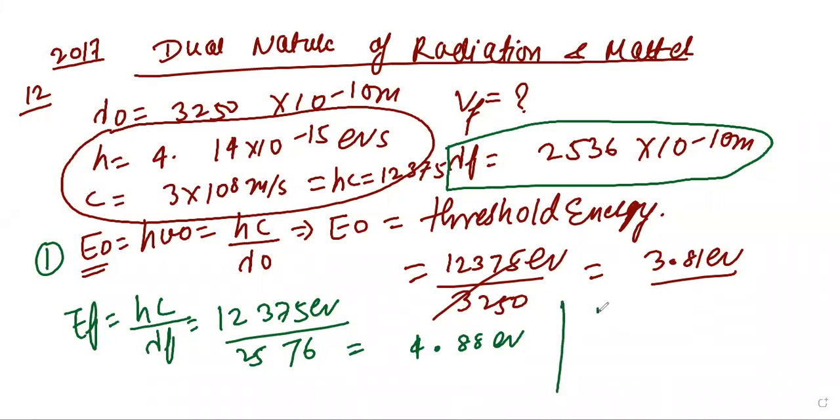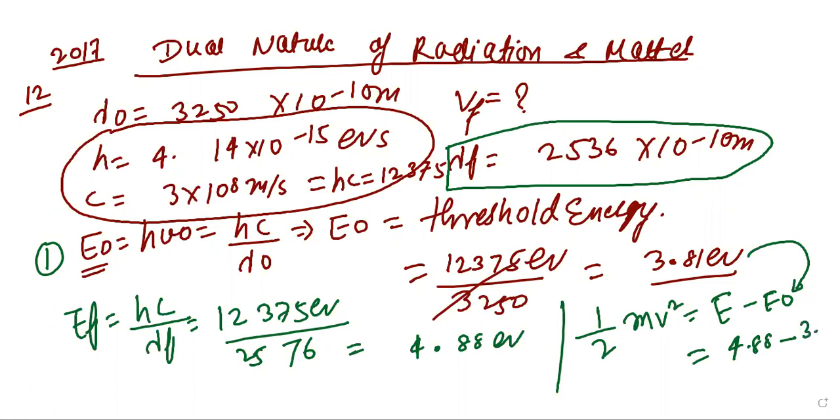Now we know the formula. It is nothing but 1/2 mv square equal to E minus E naught. E value we know, that is 4.88, minus E naught value we have calculated. Put here, it is 3.81 electron volt. So how much is it?